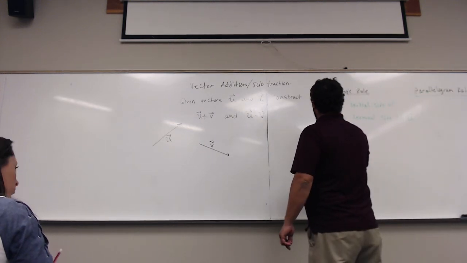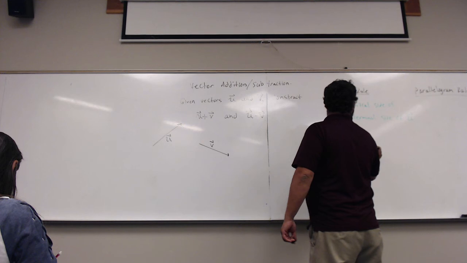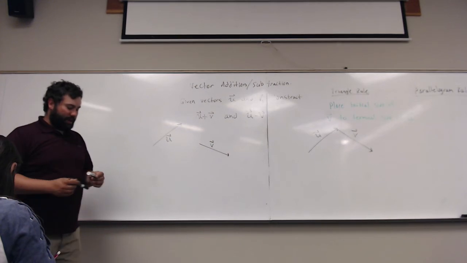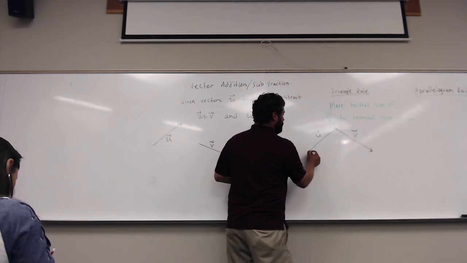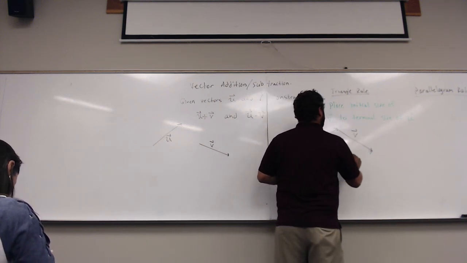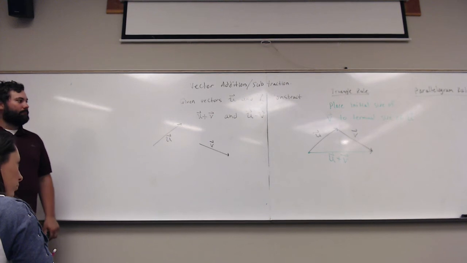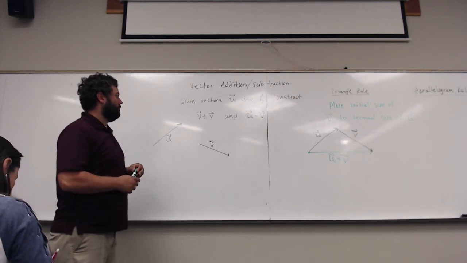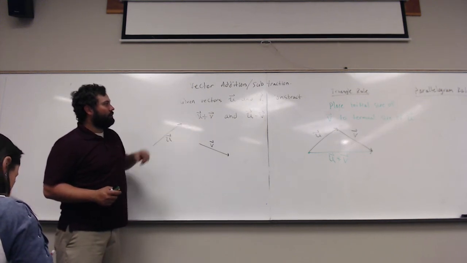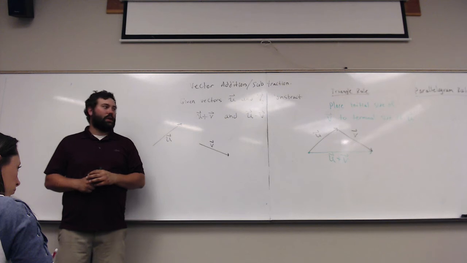Here's the vector u, and here's my vector v. You start at the initial side of u and draw a vector to the terminal side of v, and that is u plus v right there. So again, for u plus v, put the initial side of v at the terminal side of u, and then draw an arrow from the initial side of u to the terminal side of v.